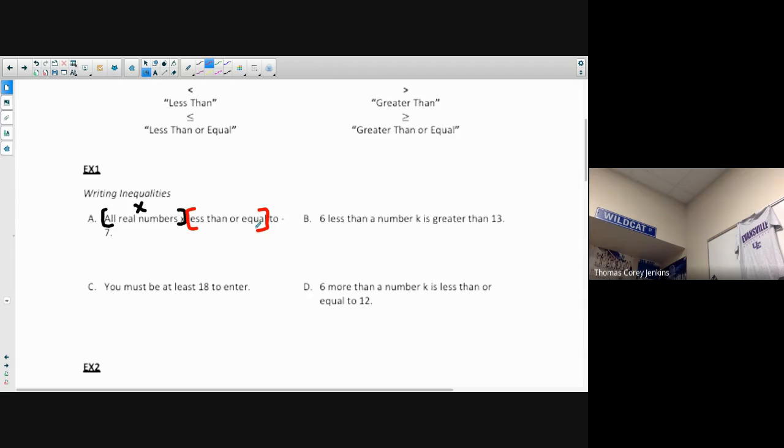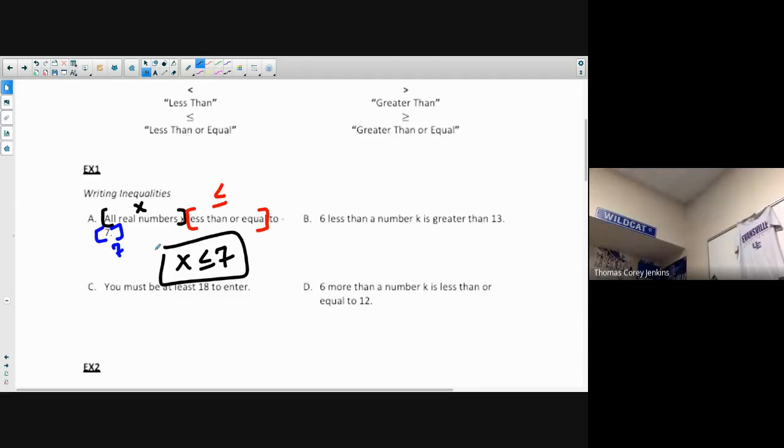So less than or equal to is going to be that one right there. And then less than or equal to what? The number 7. So altogether, it looks like this: x is less than or equal to 7. That's all we're asking for on this one.